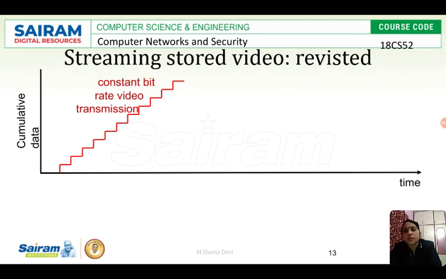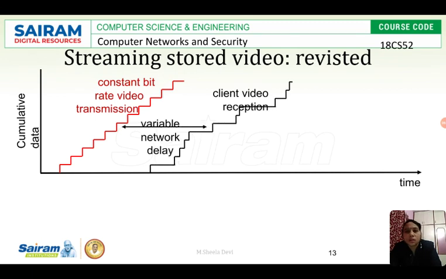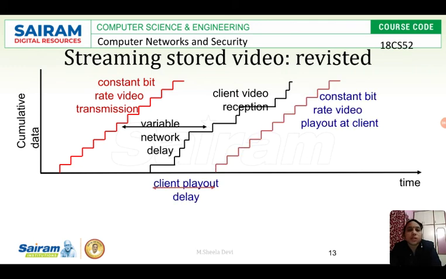Constant bitrate video transmission is not possible, but a constant video consumption rate is possible. We can see the video at a constant bitrate like 1.5 Mbps, but it is not possible to guarantee that my bandwidth will always be constant.